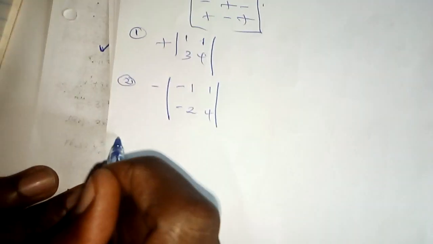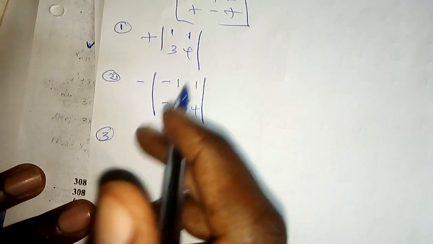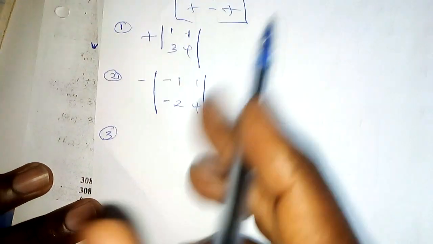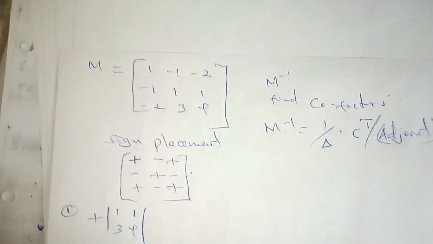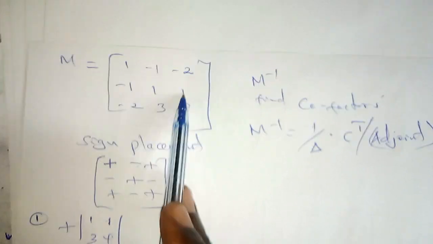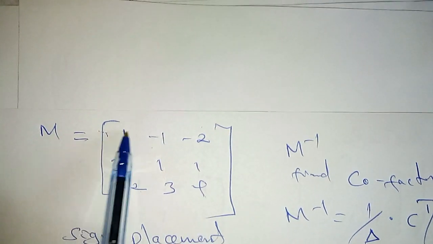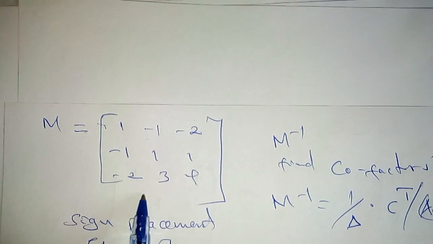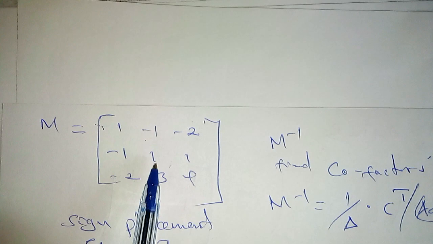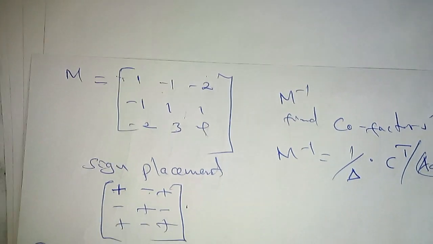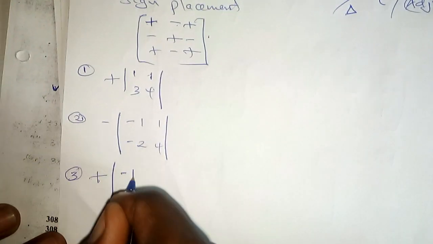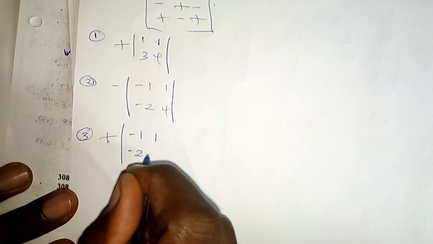The third, still we take the plus sign placement. We block this column and this row. The remaining components are negative 1, 1, negative 2, 3.